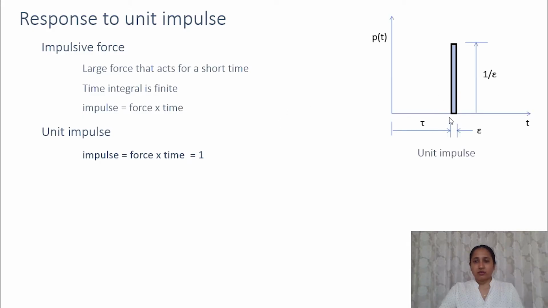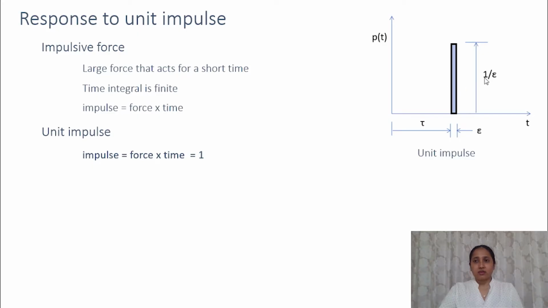So here we have a force acting for a very small duration, say at time equal to tau. The magnitude of the force is equal to 1 by epsilon, and it is acting for a time epsilon. So what will be the value of the impulse?